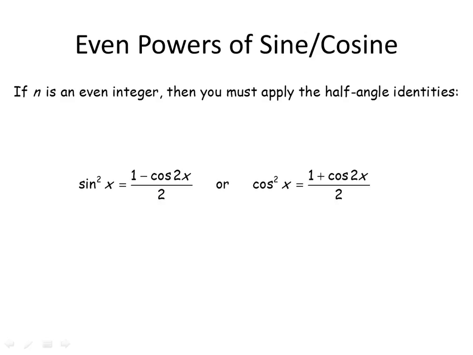Now, a couple of things that I need to show you, because I'm going to be using all of these, so that when I write them, I don't want you to be confused. 1 minus cosine 2x over 2 can also be written as, okay, you're just putting them together or taking them apart. And it can also be written like this.